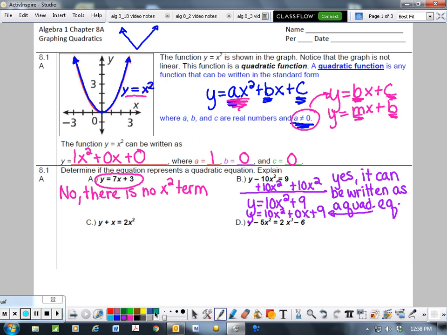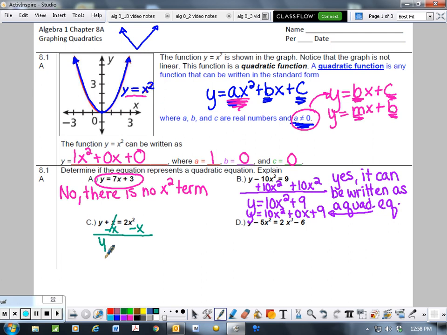And so all of this is giving us reasoning on why we're answering. We can't just say yes or no, because we may have no idea what it really means. And so we're going to find more and more often that we need to explain why our answer is the way it is. So our work helps with that, and our explanation does. So on our next one, let's go ahead and move our x over.